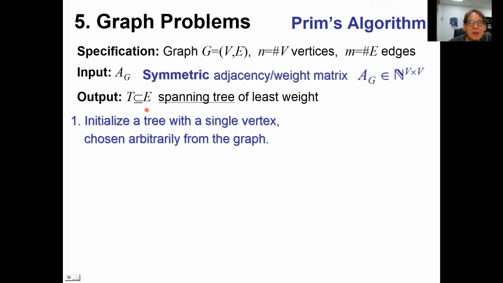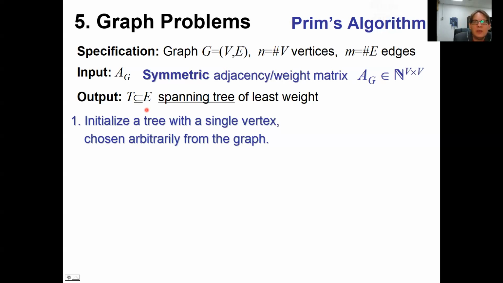It doesn't span the graph. What Prim's algorithm does is gradually add edges to a minimum tree so that the tree will span larger and larger parts of the original graph. And at the end of the execution of Prim's algorithm, the entire graph will be guaranteed to be spanned.